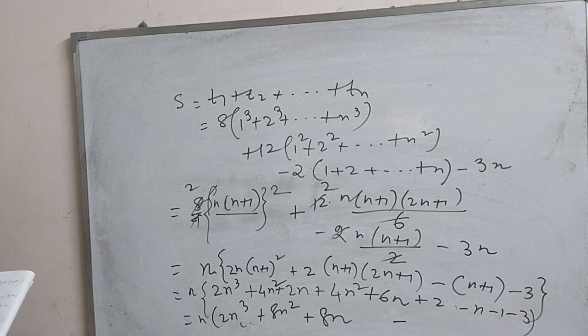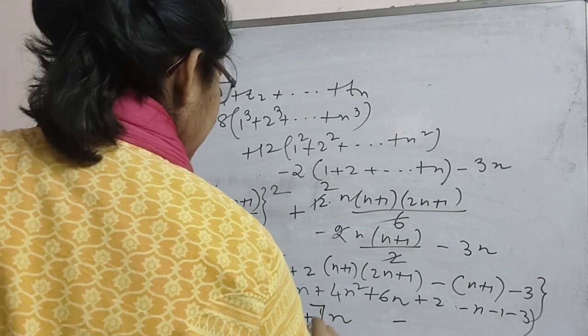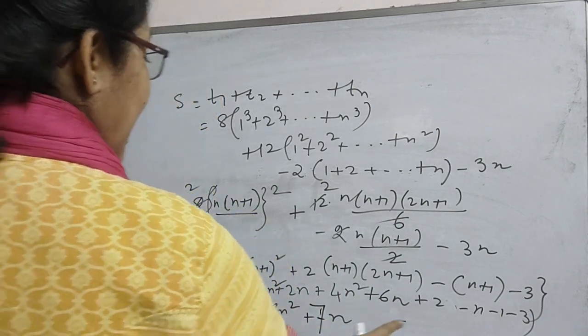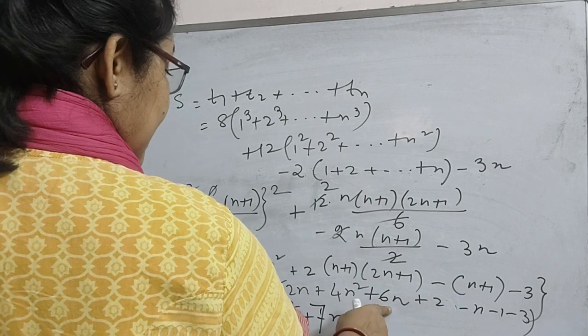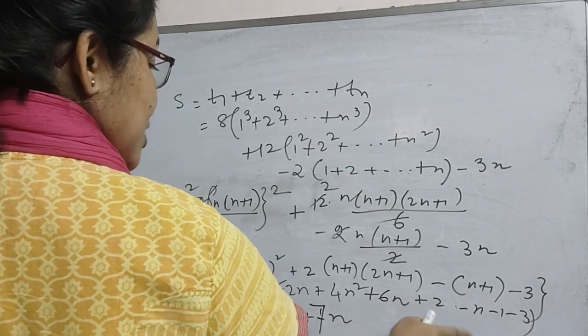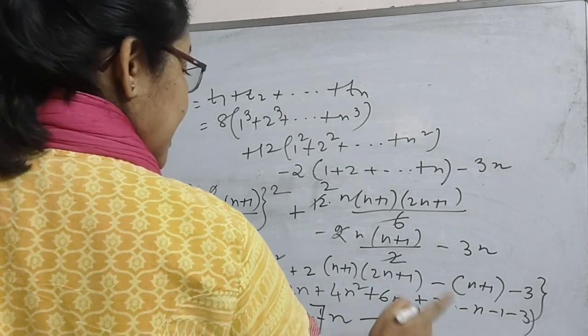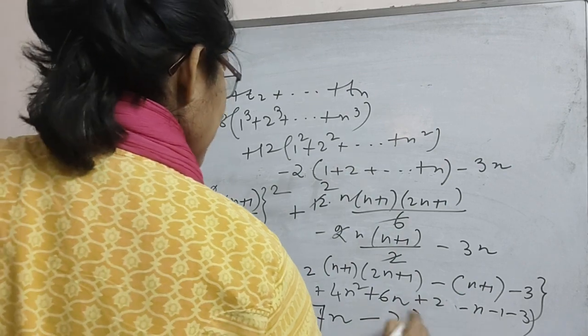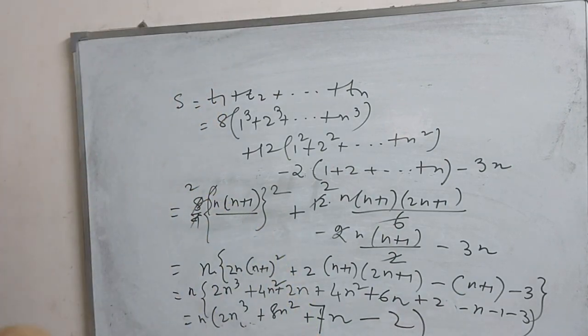This is 8n. 8n minus n, that is 7n. And this is 2 minus 1 plus 1 minus 3 plus 1 minus 3 minus 2. This will be the answer. I am ending here.